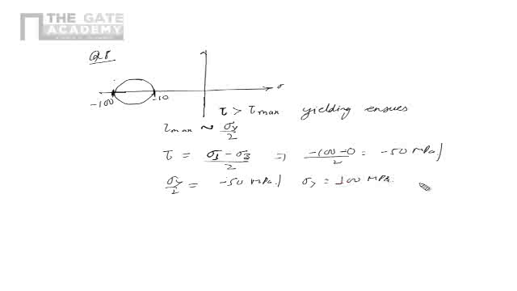So that's the answer. The yield strength of the material is 100 MPa in this case. So let's see the options which are given. Option A is 45, option B is 50, option C is 90, and option D is 100. This is the answer. Don't get confused by this formula. Don't put sigma 1 minus sigma 2 by 2.